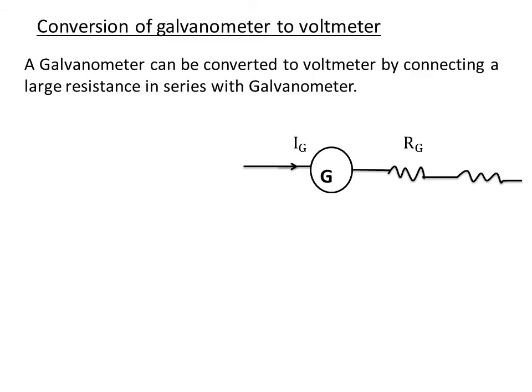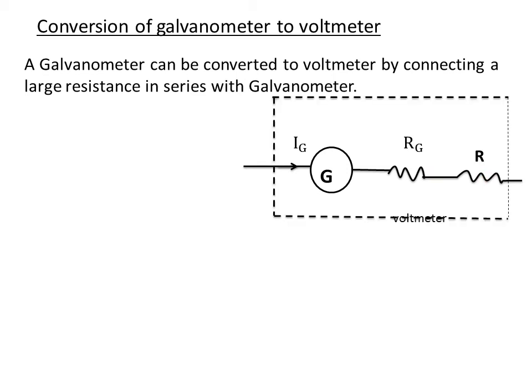Now we are going to convert the galvanometer to a voltmeter. Here we have the galvanometer and its resistance Rg is drawn outwards here. To convert it into a voltmeter, we have connected a resistance here. It is a large resistance called R. Now this arrangement can be called a voltmeter. Suppose we are going to make a voltmeter that reads up to V volt.